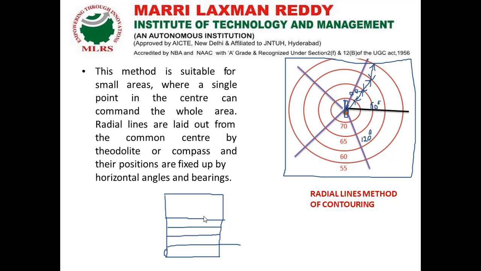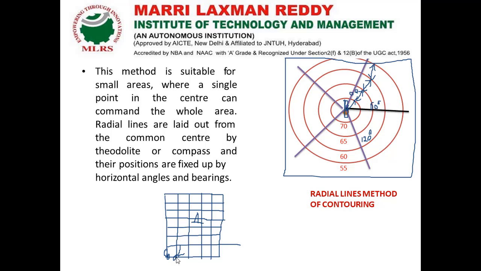The field is taken at 10 meter or 20 meter or 5 meter intervals, in both directions, the longer span as well as the shorter span. Wherever I have points or junctions, I keep the leveling staff there, and my instrument should be at an elevated position so that all the points are covered.